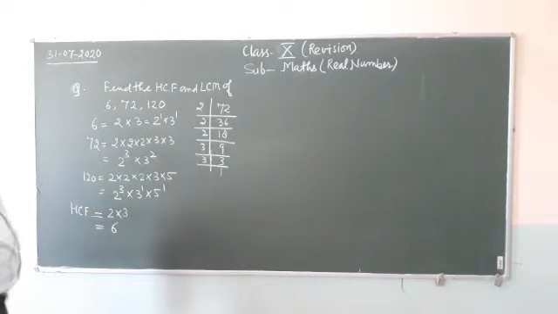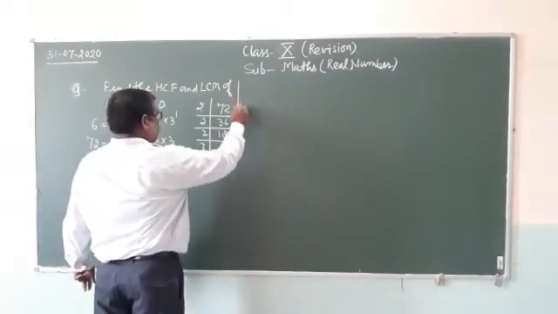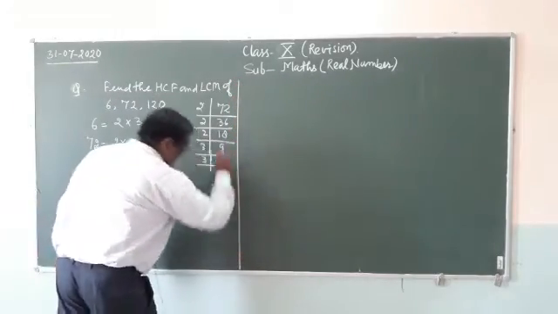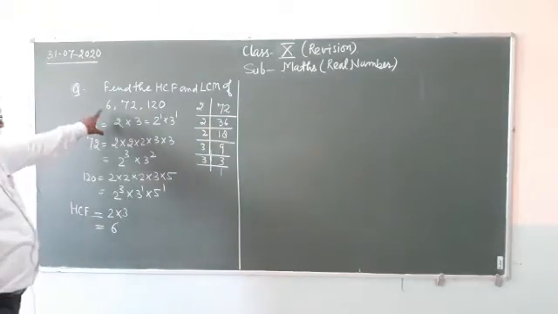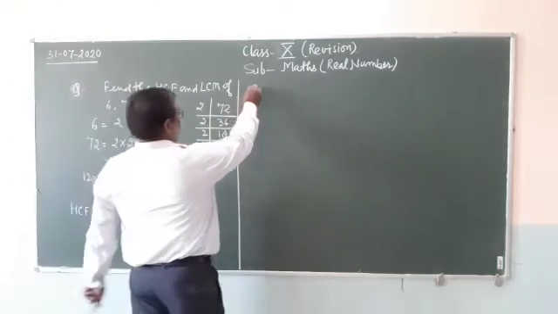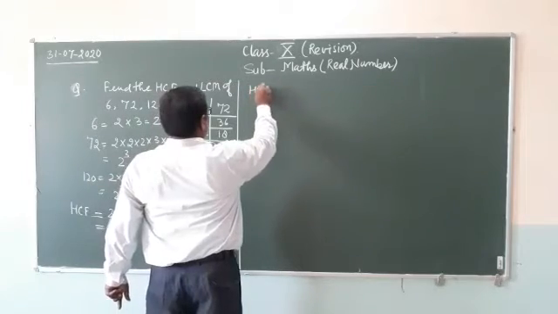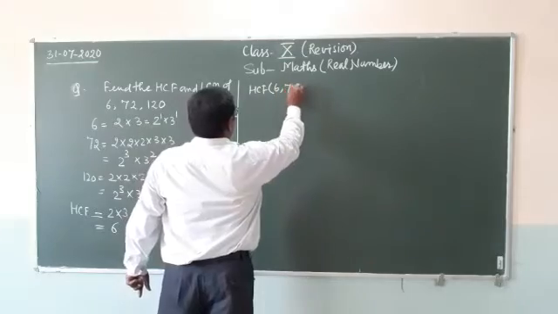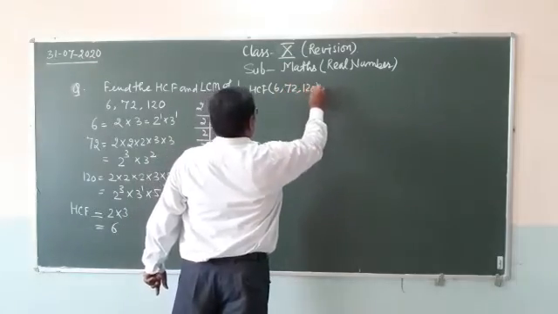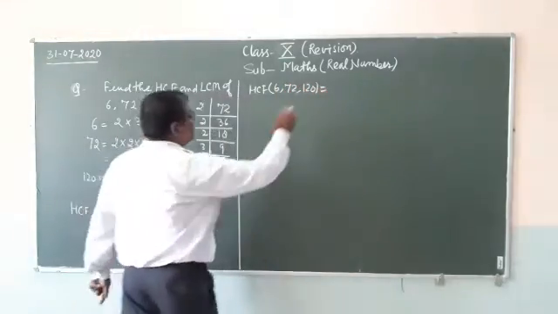Now again we find by formula taking only 2 numbers at a time. The HCF of 6, 72 and 120 is equal to 6.